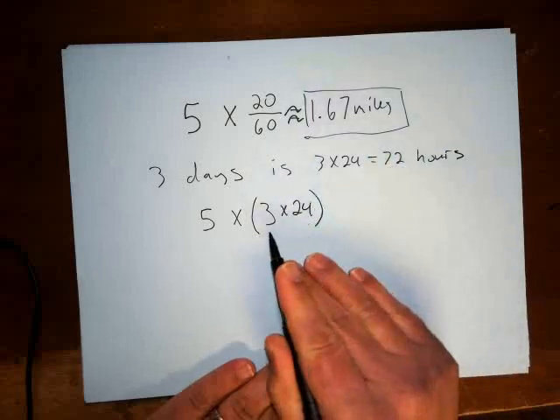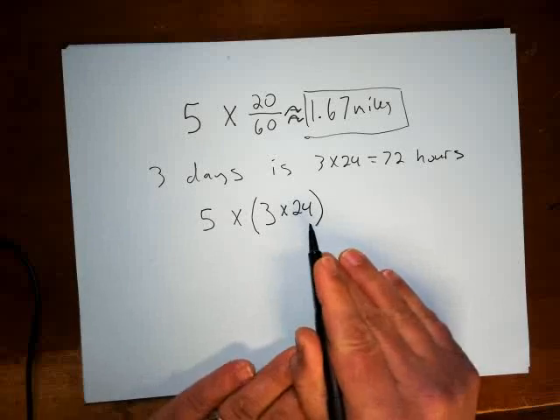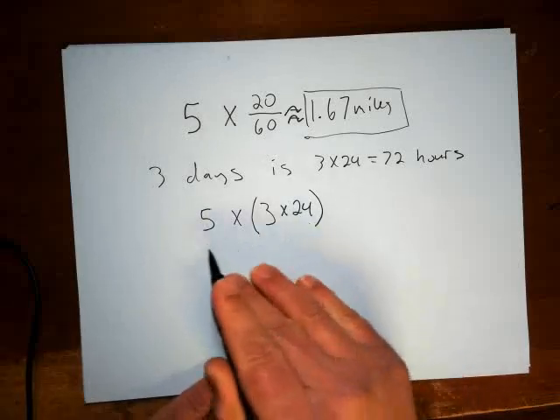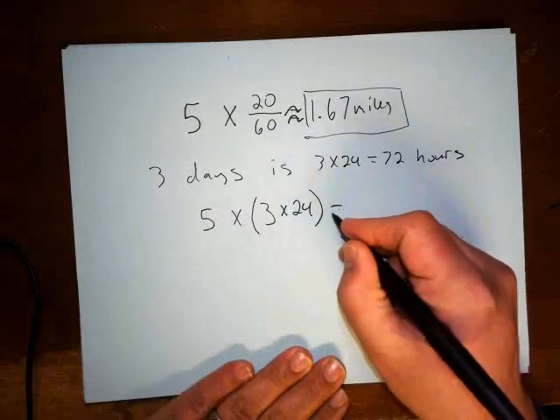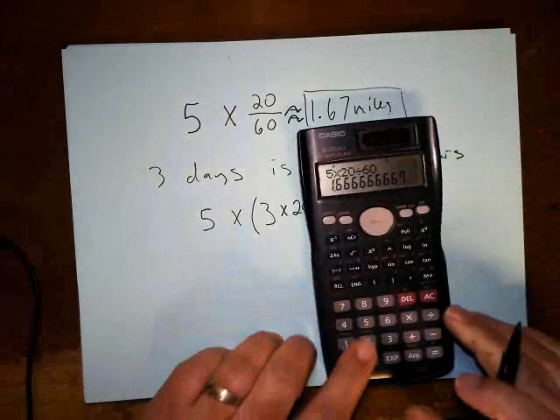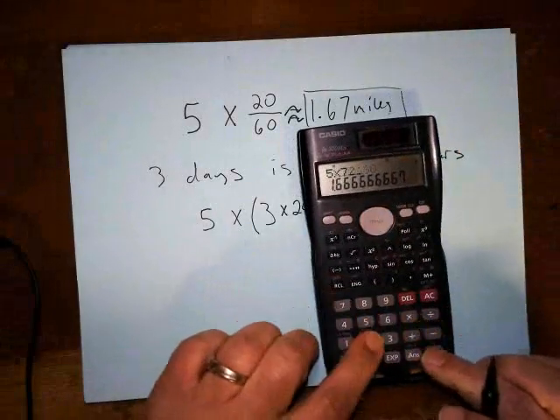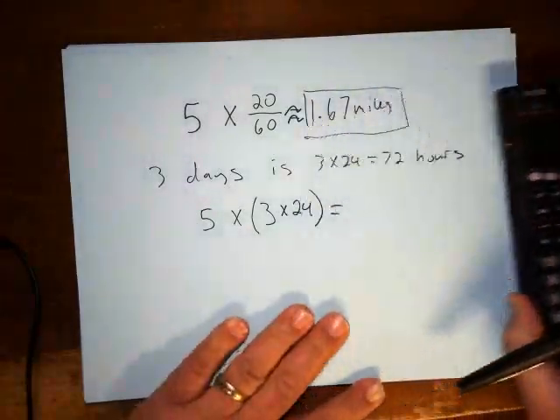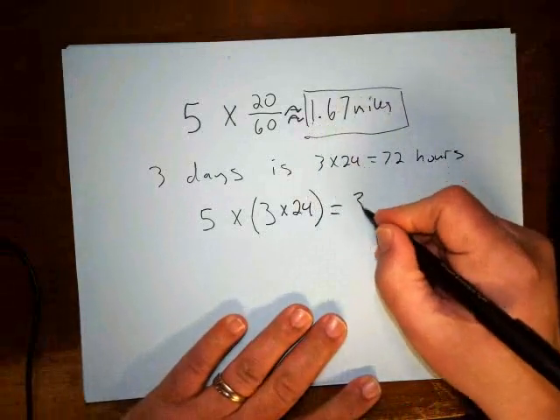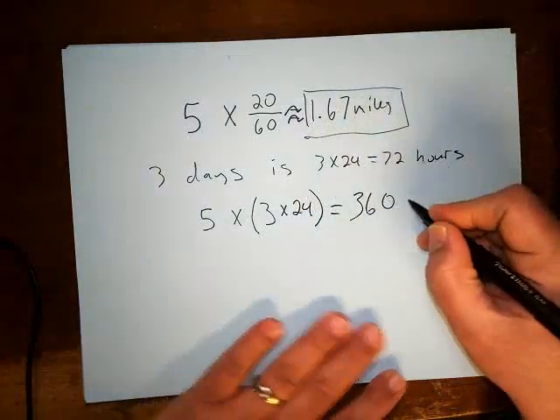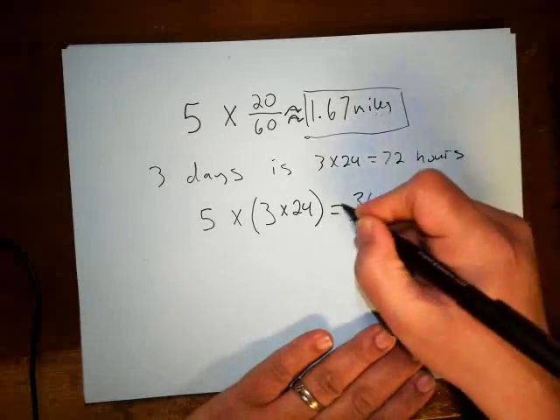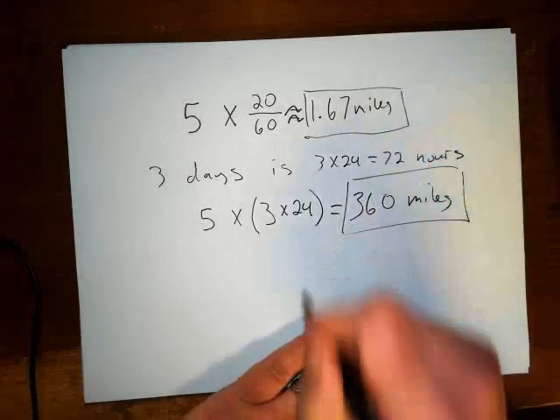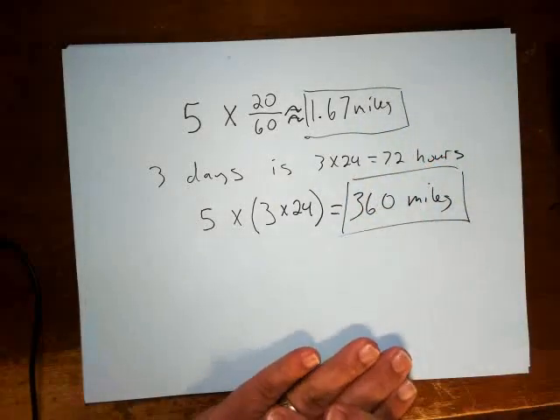So in other words, I'm taking the number of days and multiplying it by 24 to get 72 hours. So that would be 5 times 72. And I get 360 miles is how far I would travel.